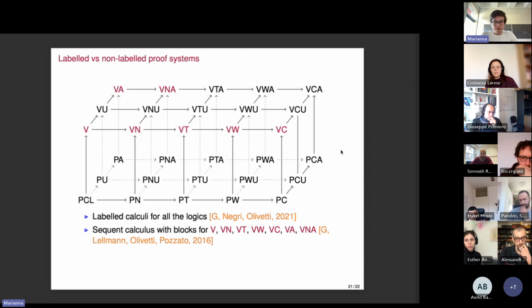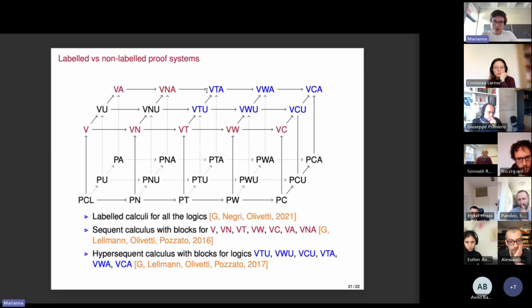In the course of my PhD, we defined sequent calculi with blocks. Here you enrich the structure of sequents only for the red logics, so V, VN, VT, VW, VC. And then for these logics here, which correspond to S5, you will need some hypersequential structure.